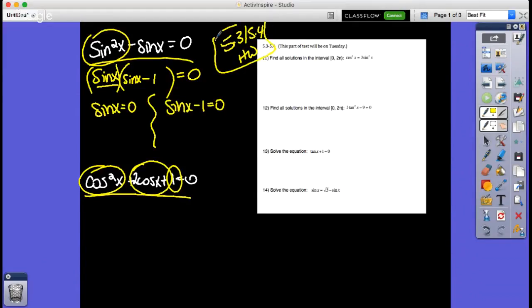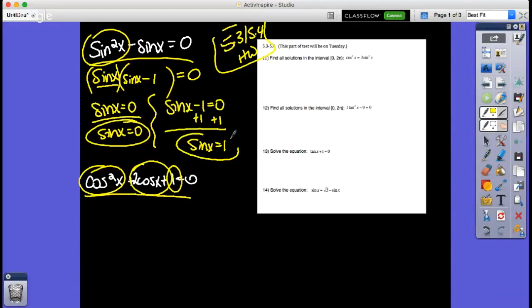So I set them equal to 0: sine of x equals 0, and I add 1, sine of x equals 1. So where is sine of x equal to 0, and where is sine of x equal to 1? On my unit circle, that's where I go.